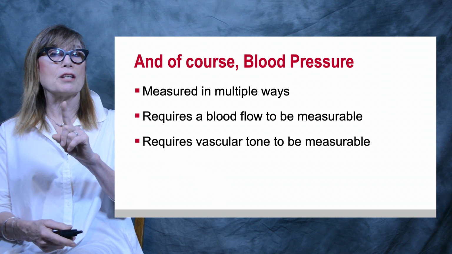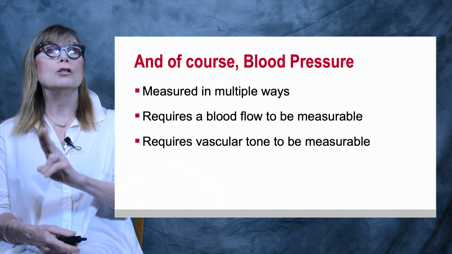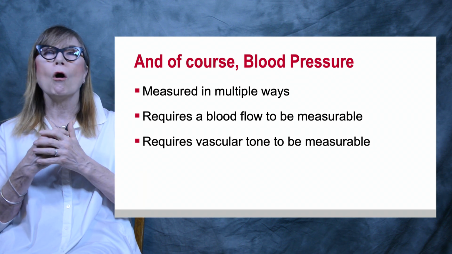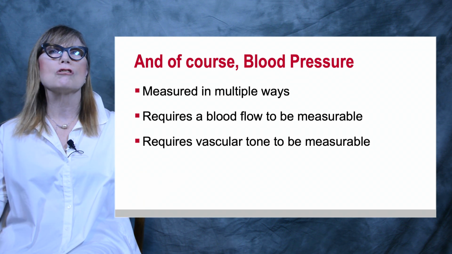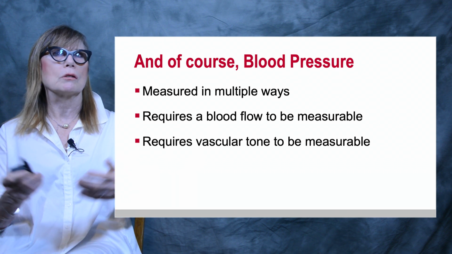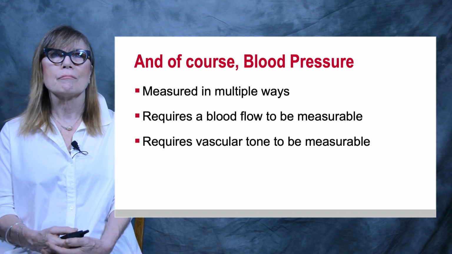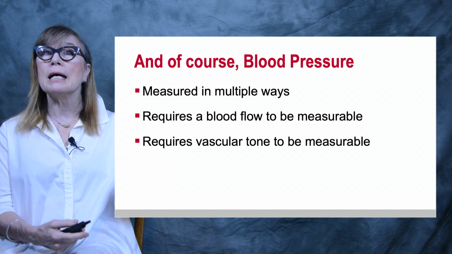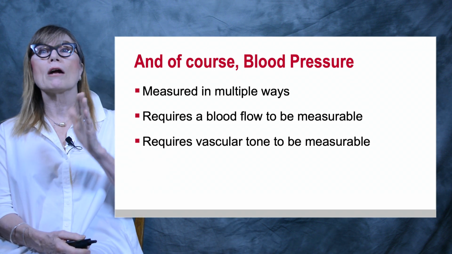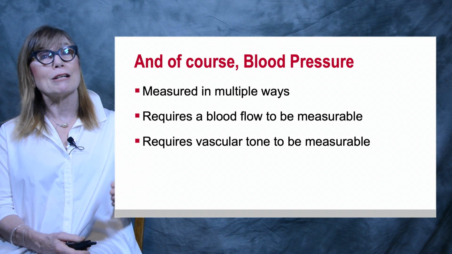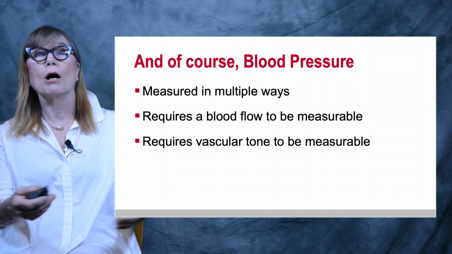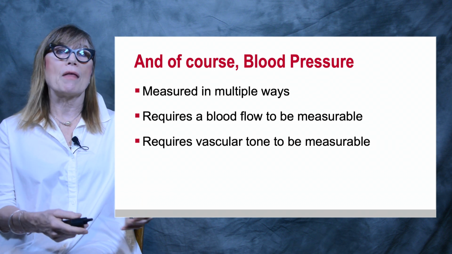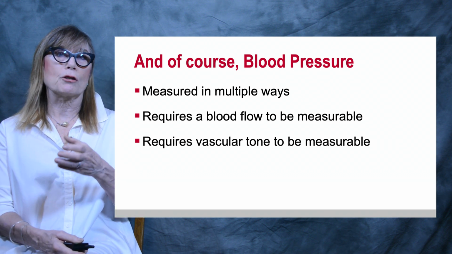New onset sustained tachycardia, new onset atrial fibrillation, and of course, what we all love. We love it so much we measure it in multiple ways, and that would be your blood pressure. Now, one thing for us to remember about blood pressure is, first, it requires blood flow in order to be measured. You must have blood flow to measure a blood pressure. But in addition to that, you also must have vascular tone.